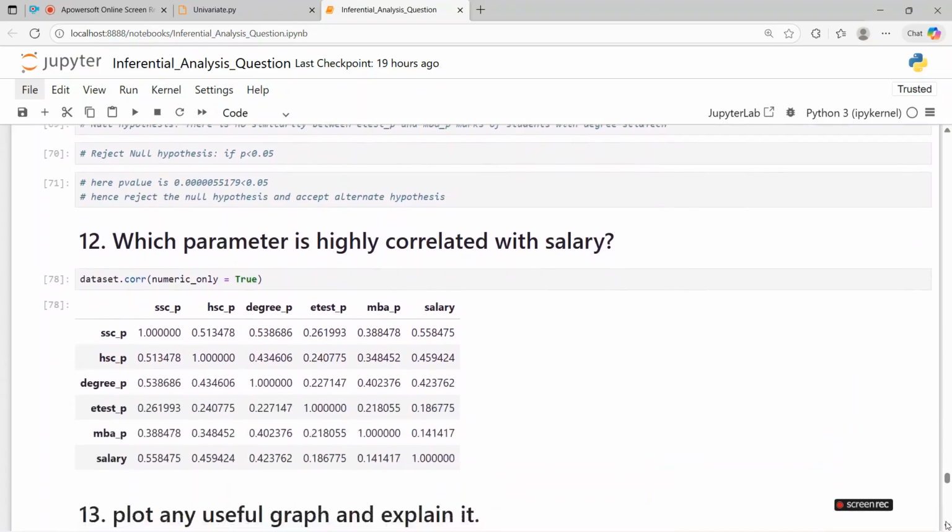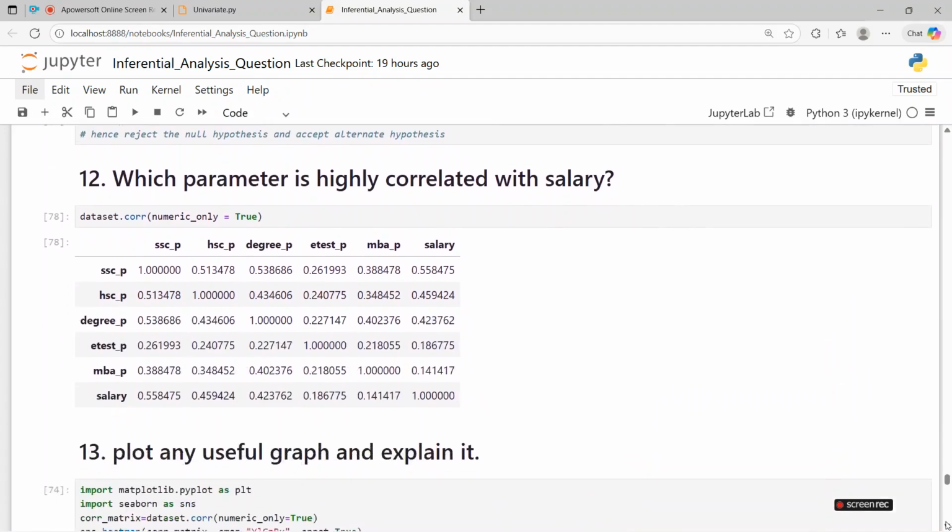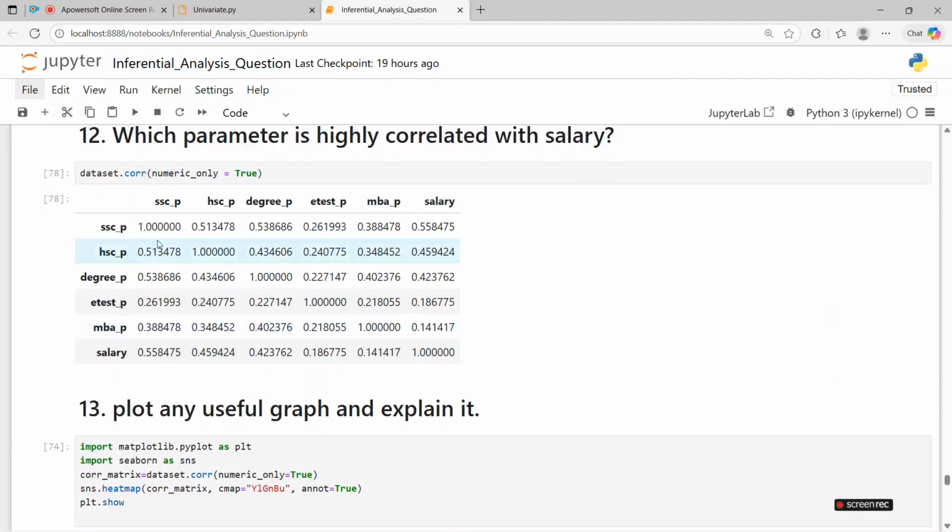So the next question is we need to find which parameter is highly correlated with salary. For this, we have used the corr function with numeric_only equal to True. So we have all the correlations in the data set, correlation values of all the columns. Here we need to concentrate on the salary column.